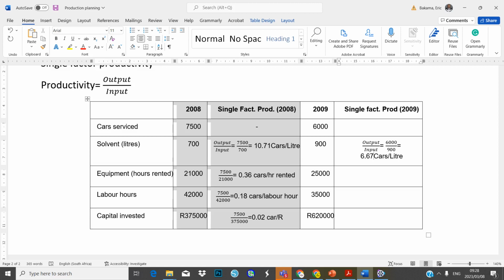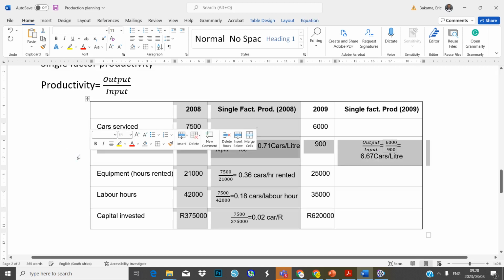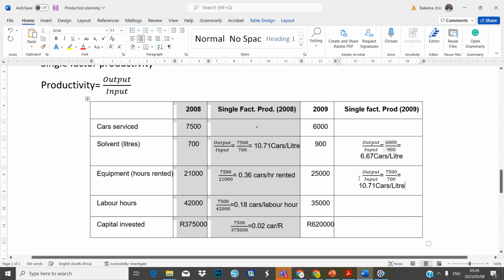This means that the productivity of the solvent is reduced, because before, with 700 liters, they were servicing 10.71 cars. But now with 900, the productivity has decreased, and you can even see we are moving from 10 to 6. But let's proceed and find out.